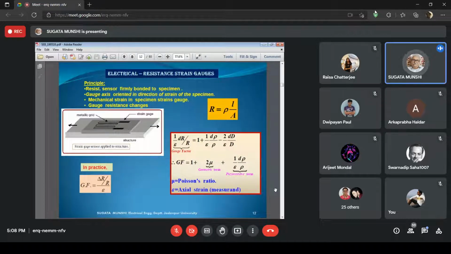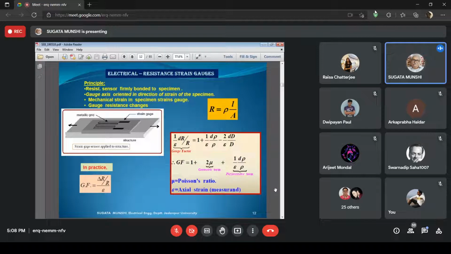For the figure where I have shown this resistive element, if there is a tensile strain on the object, the direction of the principal strain is along the length of the wire. The length of the wire increases due to this tension and the cross section decreases. Therefore, the resistance of this resistive element will increase.